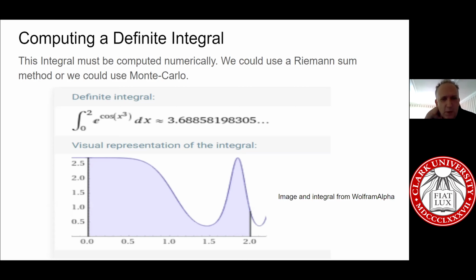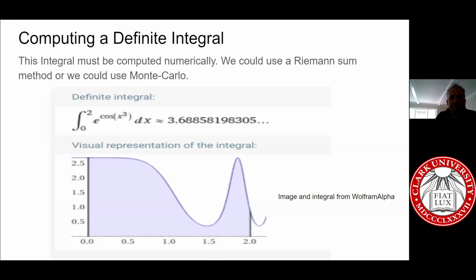I take a rectangle that contains the definite integral, and I shoot randomly at that rectangle, and I count how many of the shots fall under the curve.